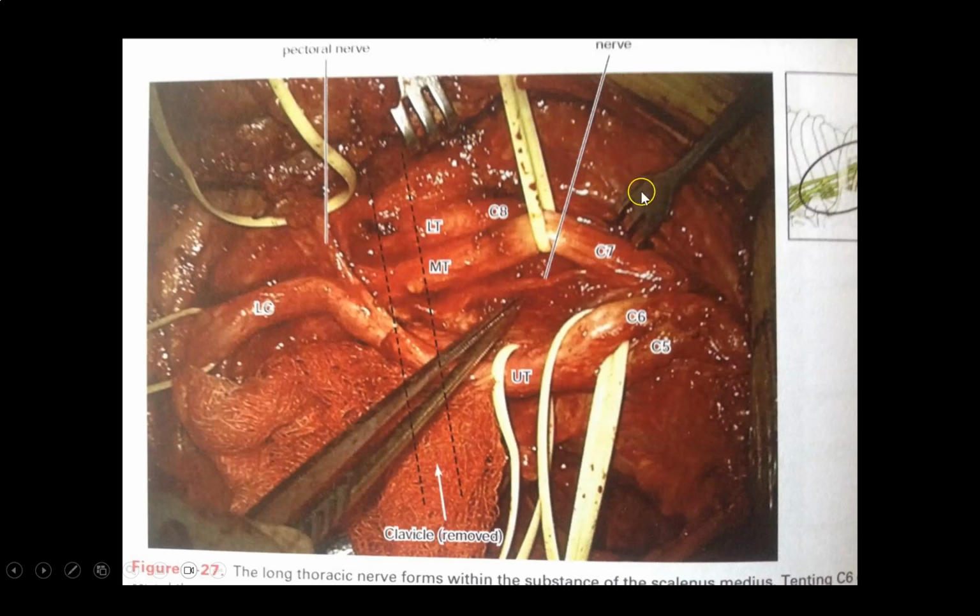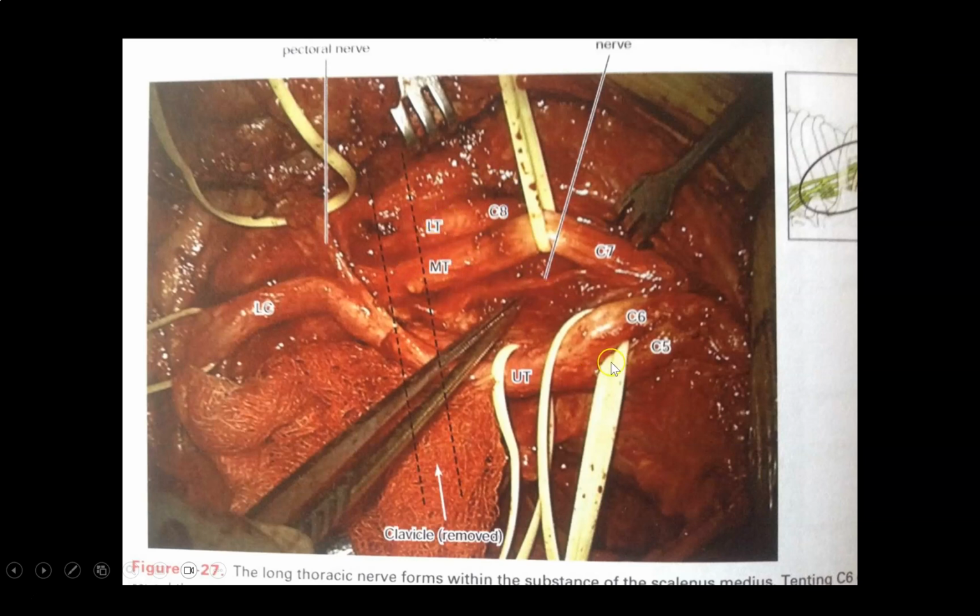When you displace the sternomastoid anteriorly, and when you displace the scalenus anterior, or you cut it, you will find the roots and trunks of the brachial plexus. So you will find C5, C6 giving the upper trunk, C7 continuation of the middle trunk, and C8, T1 forming the lower trunk.